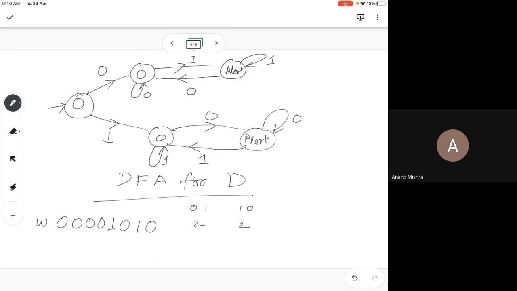In this, if I read 0, I keep on reading the zeros. Now when I read 1, I go to the next state, and then 0, I come back, and then 1, I go to the already visited state, and 0, I come back. So I'm not really counting; I'm just noting that there is a 1 0.